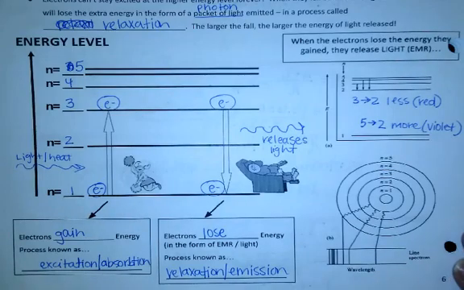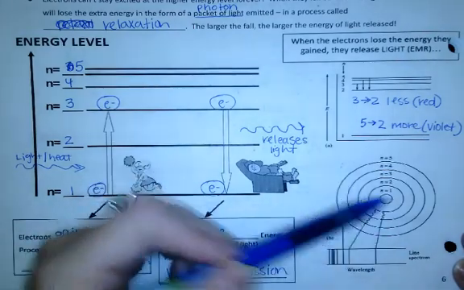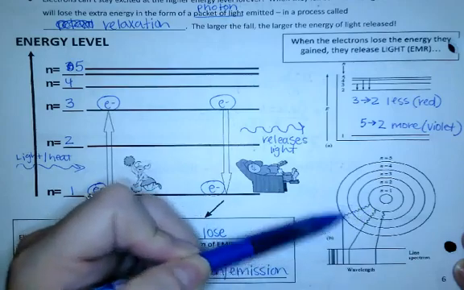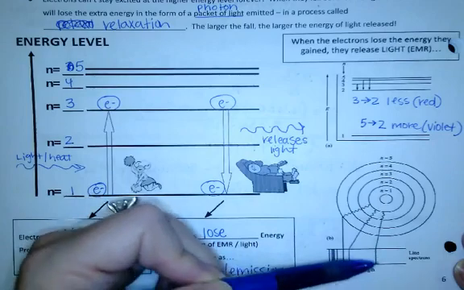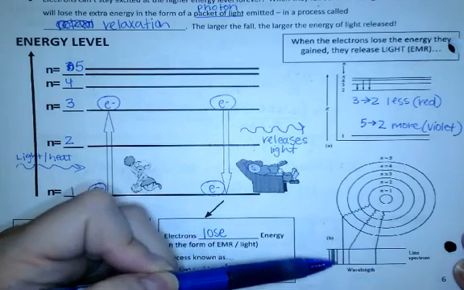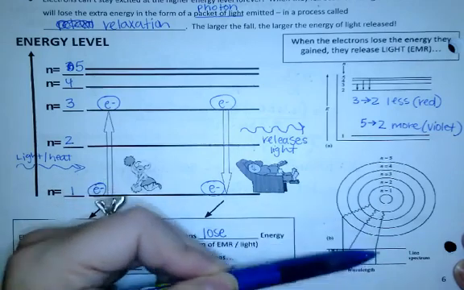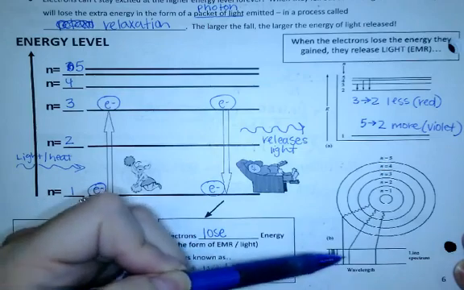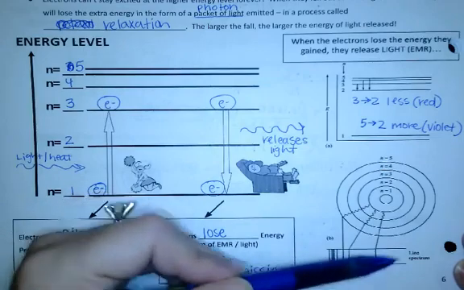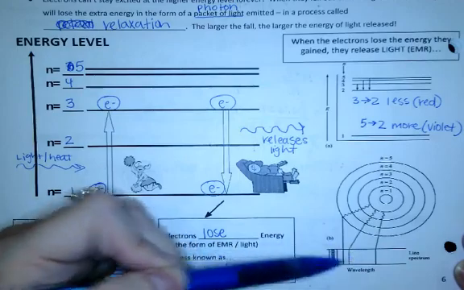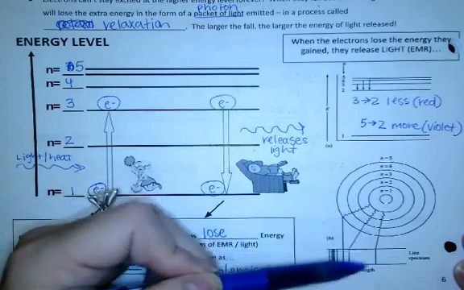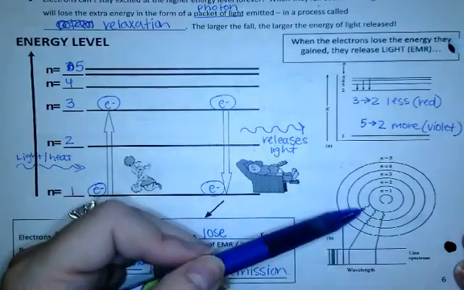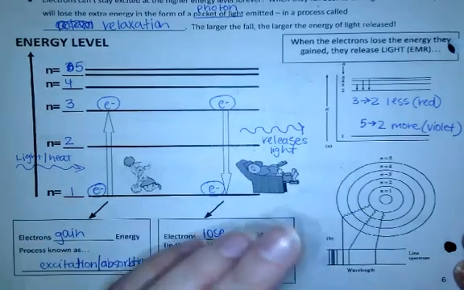Okay, now when we jump these energy levels, there are certain wavelengths that are emitted, like I said, in certain colors. Now, these wavelengths that are emitted can be lined out on what we call a line spectrum. This line spectrum shows these certain wavelengths of light that are emitted. Now, these electrons aren't going to just emit one wavelength.